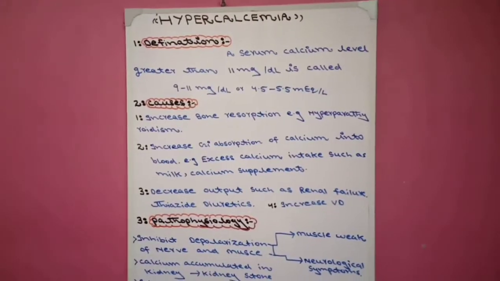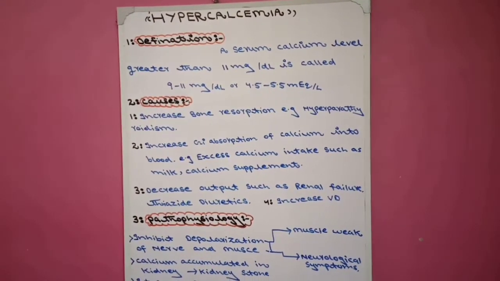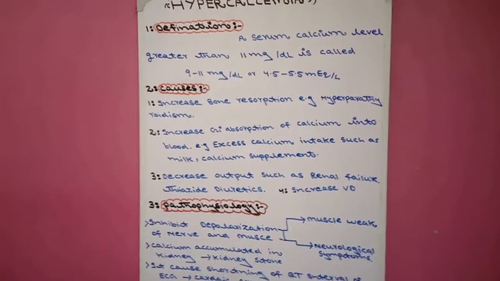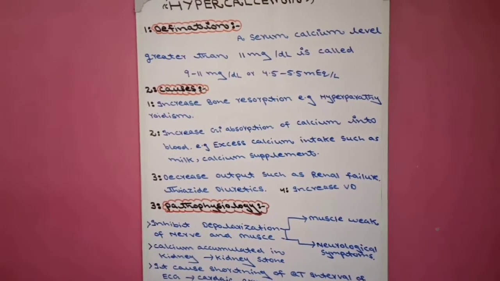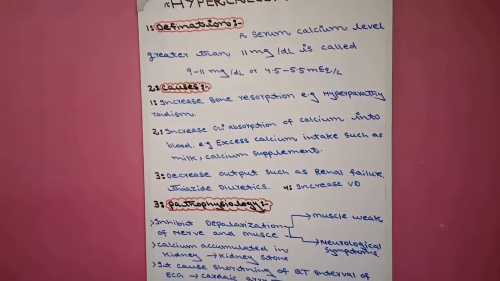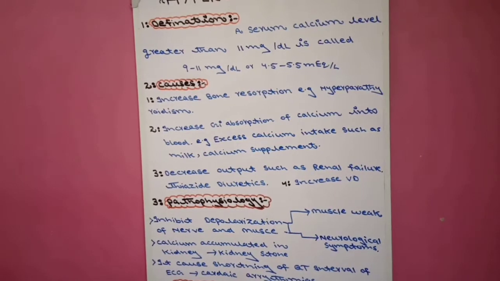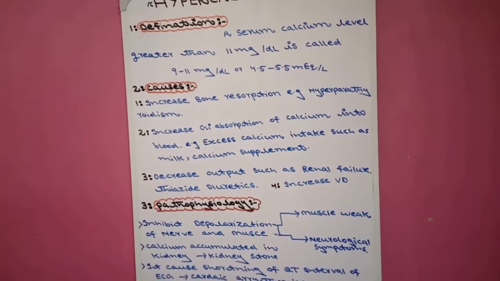In hyperparathyroidism, when parathyroid hormone production becomes more, there will be increased bone resorption, because increased parathyroid hormone acts on bone and resorbs the bone. Due to this resorption the calcium from bone moves toward blood, and in blood the serum calcium level will be increased. As a result there will be hypercalcemia.